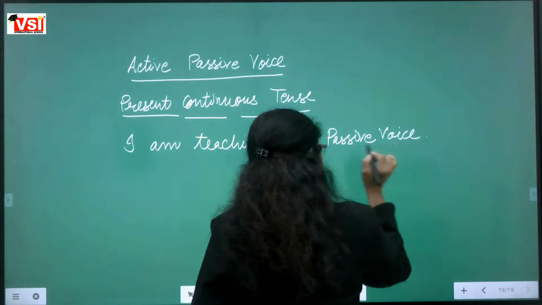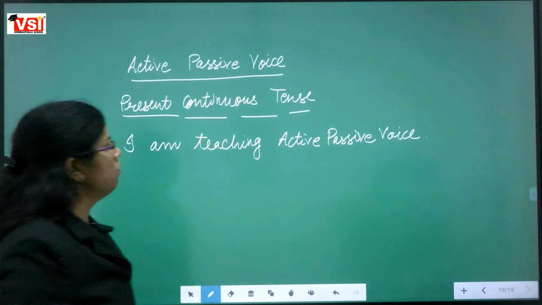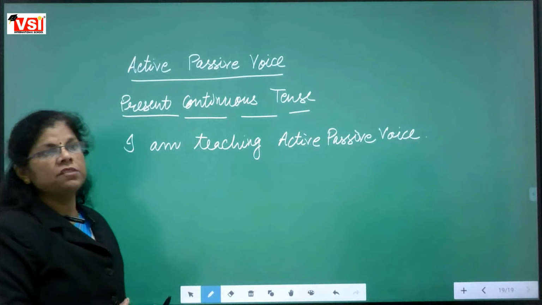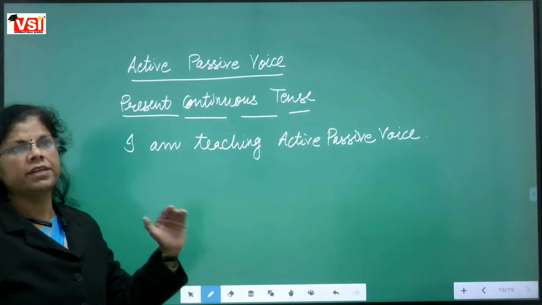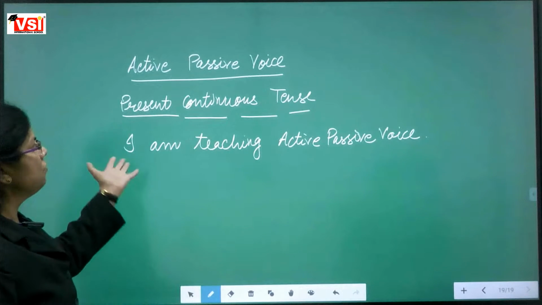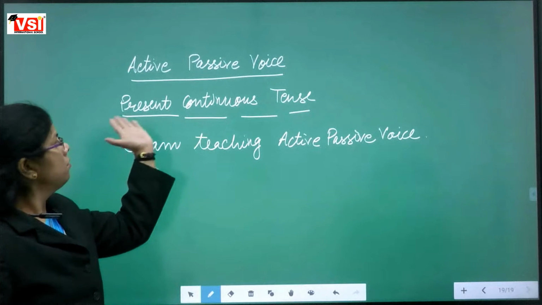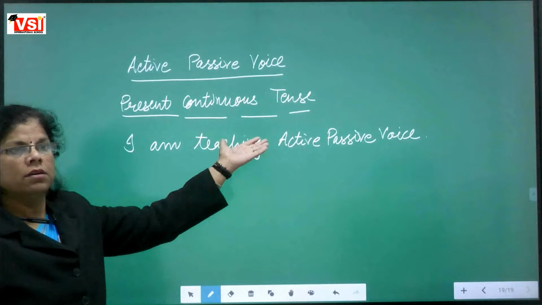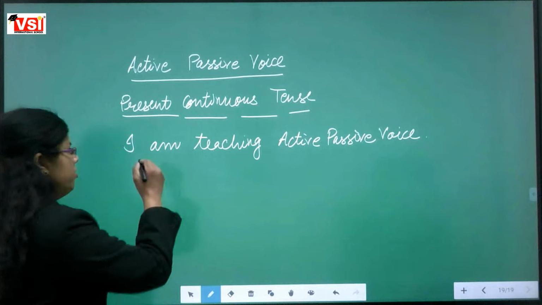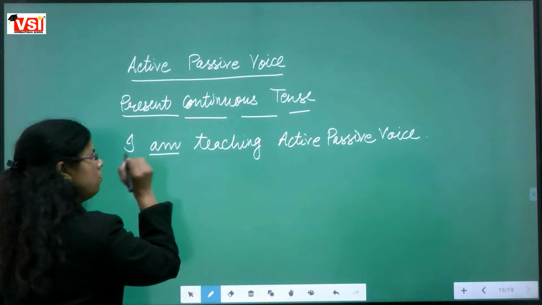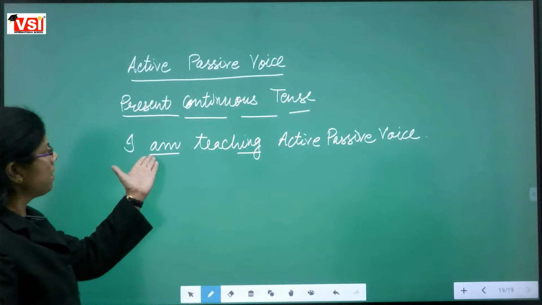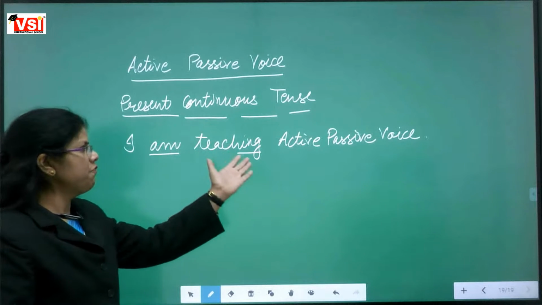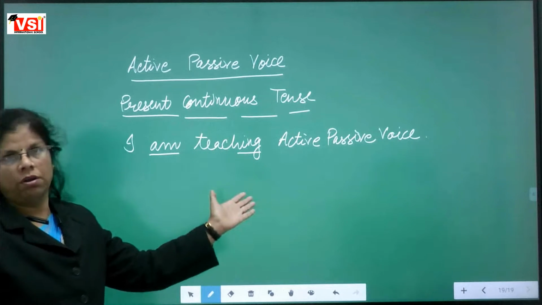This, what tense does it belong to? The sentence that is written on the board, which tense does it belong to, and how can we identify that this sentence belongs to present continuous tense? We should focus on which helping verb we are using, and if we are using ing or not. Fine.